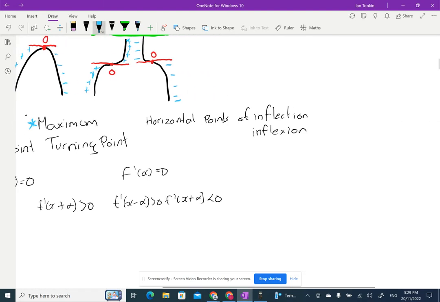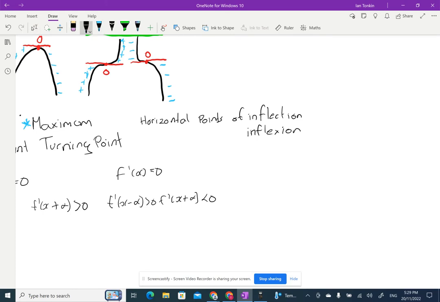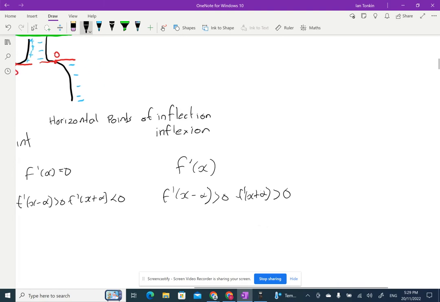And finally, if f dash of x equals 0 and f dash of x minus a little bit is positive, and f dash of x plus a little bit is positive still, it's the first horizontal point of inflection.